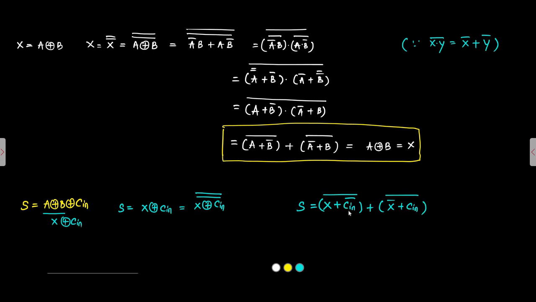Okay, this is the final expression of sum which we have to implement. (X or Cn bar) or (X bar or Cn) whole complement. Okay, this we have to implement. So let us implement this.